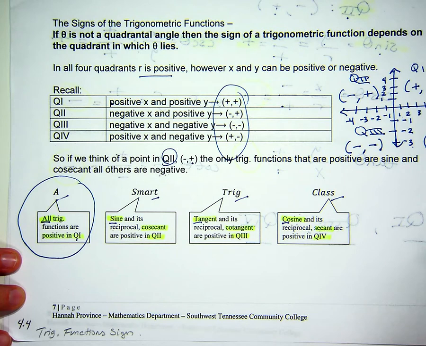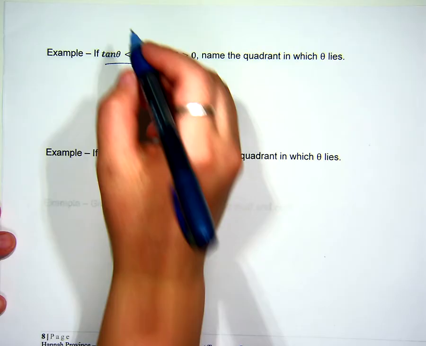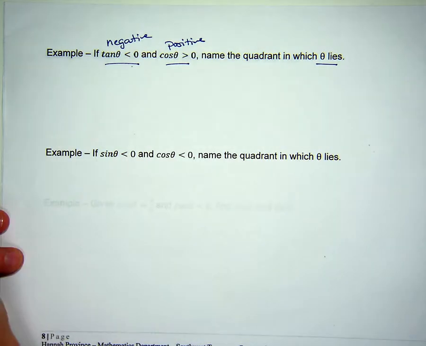So let's talk about how to use this. For example, if tangent less than 0, which means negative, and cosine greater than 0, which means positive, name which quadrant theta lies in.